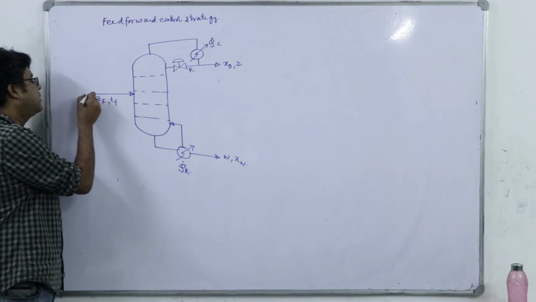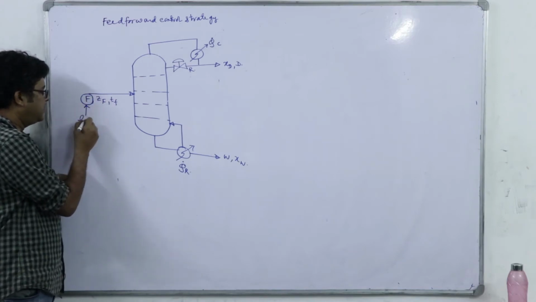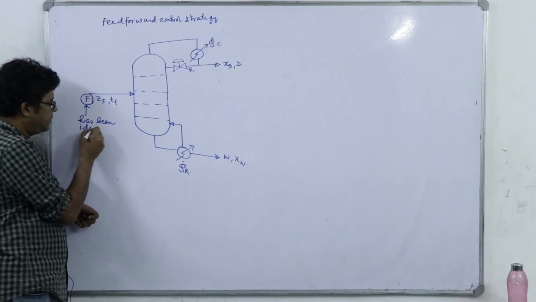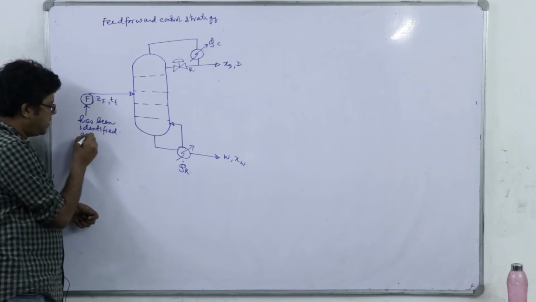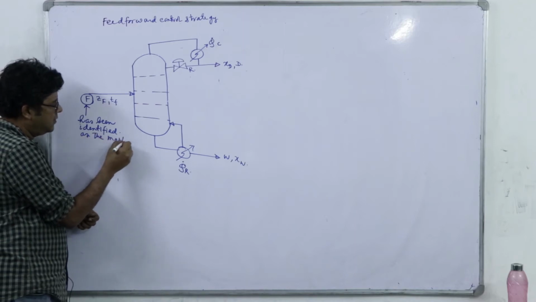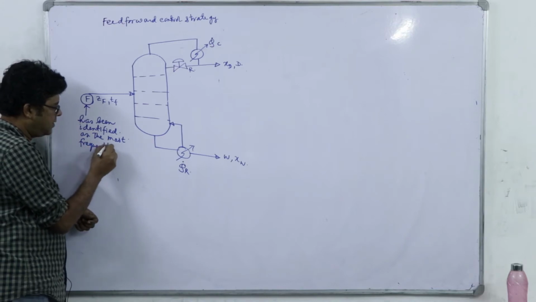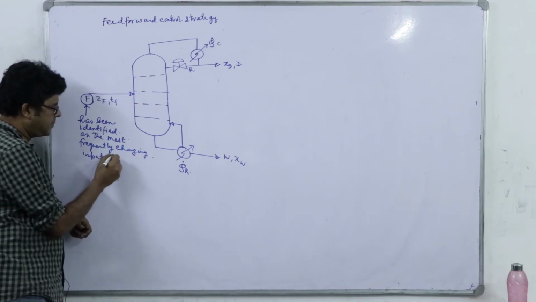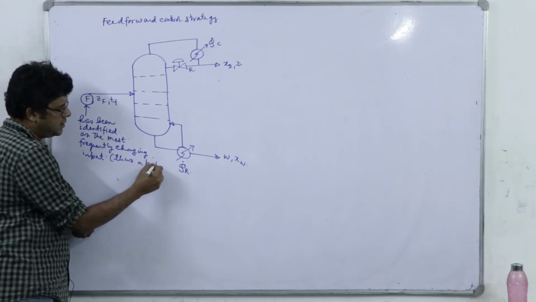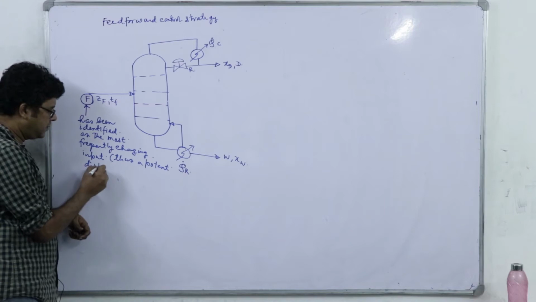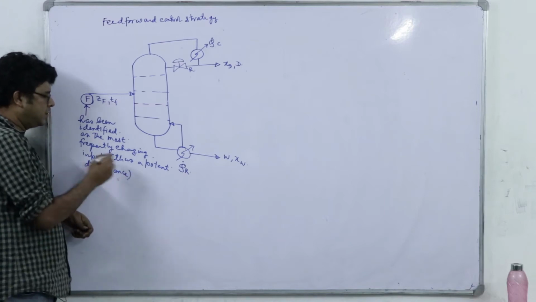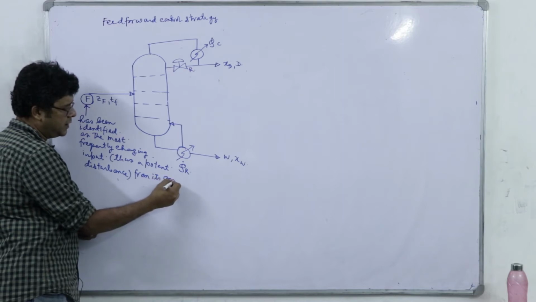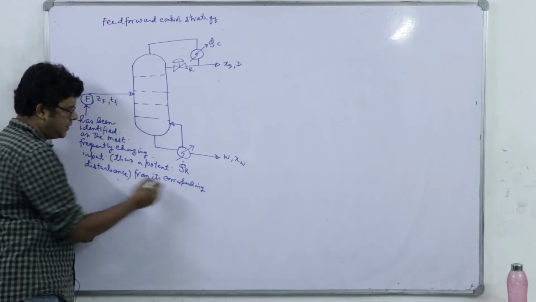So, let us say, for example, this F, the flow rate of the feed, has been identified as the most frequently changing input, thus a potent disturbance from its corresponding design value.